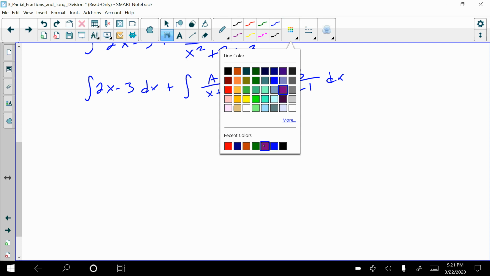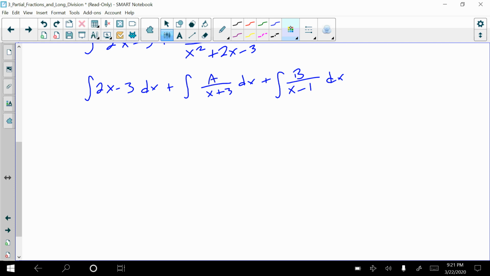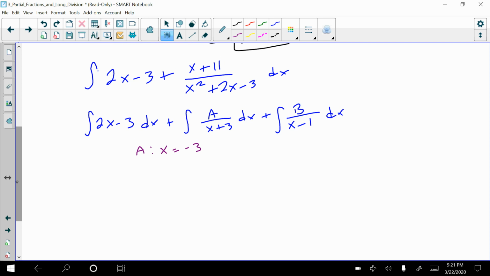And hopefully you can work this out on your own based on what we did in the partial fraction video that preceded this one. So if I want to find A, I'm going to take the denominator of A and set it equal to 0 and solve for x, which in this case gives me negative 3. And that negative 3 is going to be substituted anywhere I have an x from the numerator and the second fraction's denominator.